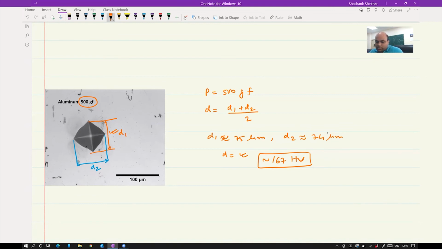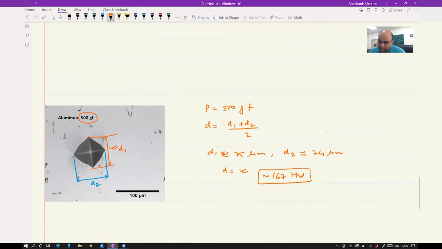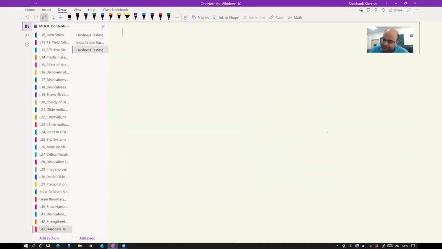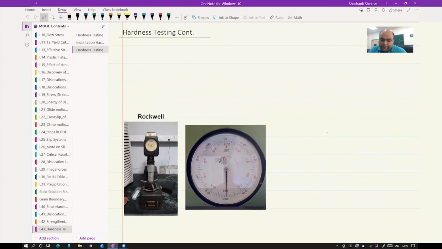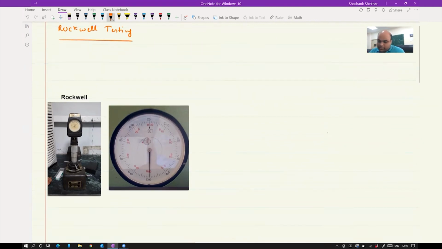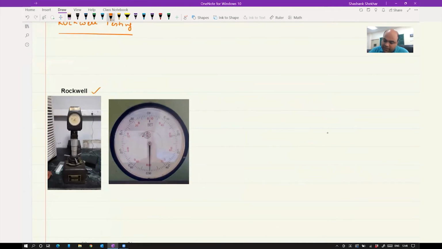So now the last one is Rockwell testing. Now we'll discuss Rockwell testing. This is the setup we have in our lab.